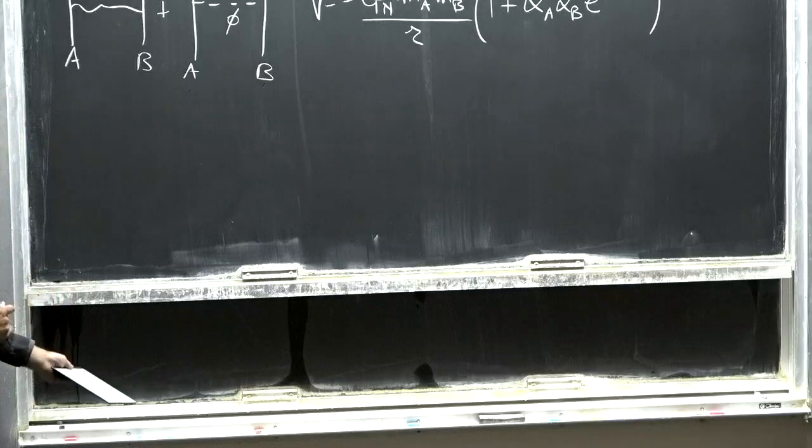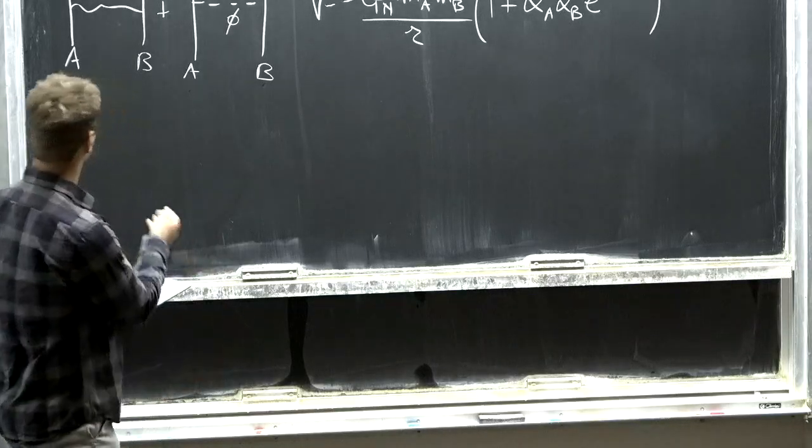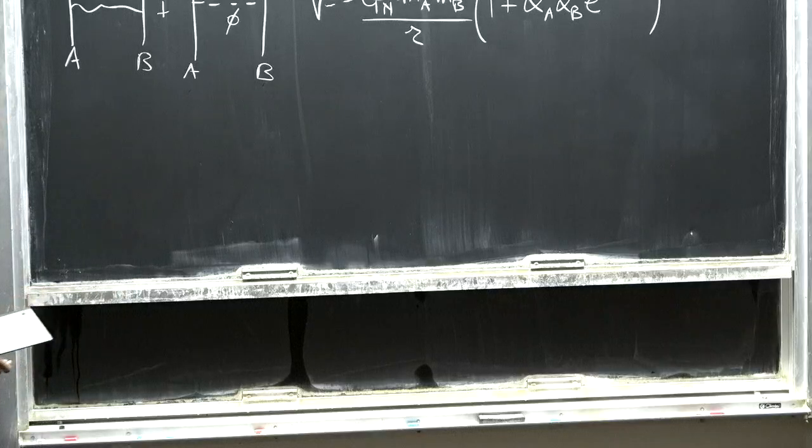Okay, and so in general, these alphas will depend on the chemical composition of your two bodies A and B.